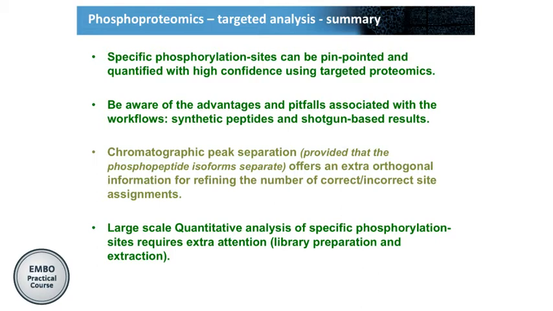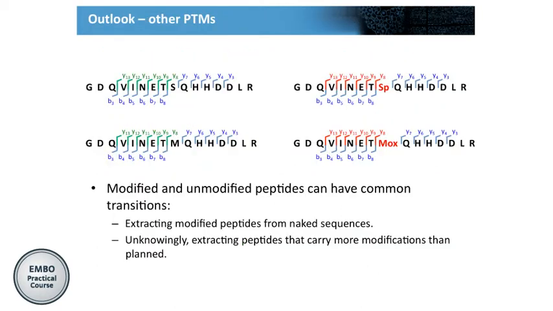And then there are also some extensions to this, and that is, as Ludo very briefly mentioned, sometimes when we use data-independent acquisition, we can also try and take it to our advantage. So we can try and take shared transitions and use these shared transitions to extract modified and unmodified peptide. Let's say in the case of phospho, they would maybe come out in different SWATH windows.